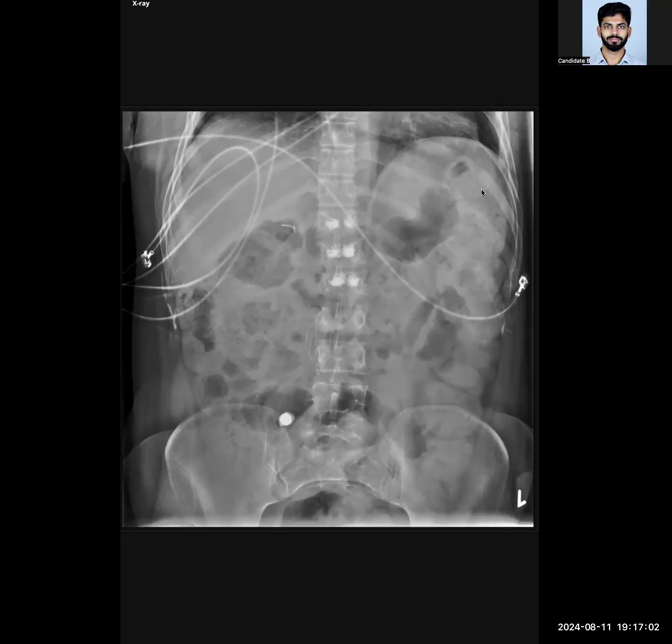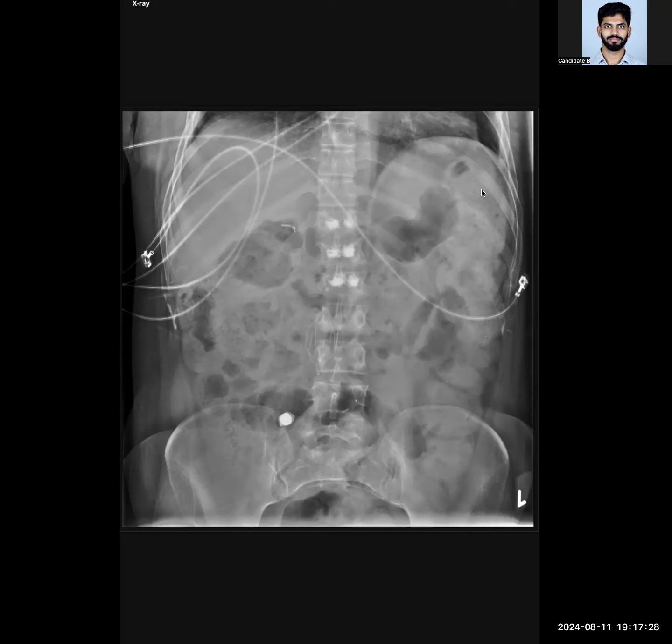Other than that, I can also appreciate hyperdensities on both sides of the vertebrae at the upper lumbar level, D12, L1, L2. I can also appreciate a radio-opaque structure in the paravertebral location, possibly an IVC filter.